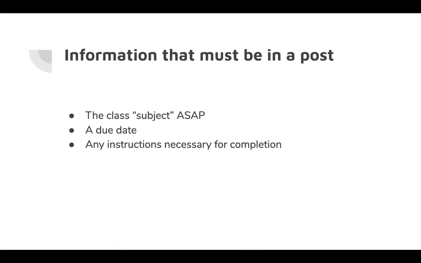And of course, in any post or activity, you should have any and all instructions necessary for completion of the activity included. The reason why we're moving to having the class subject as well as the due date in the title of an assigned activity is due to feedback from parents.